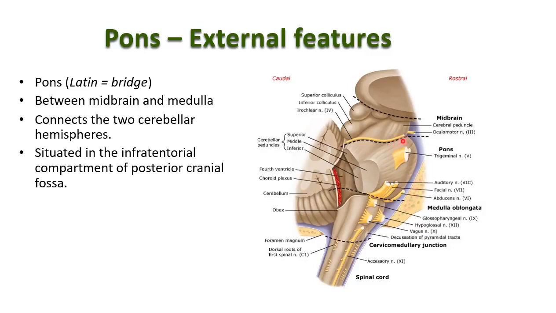Between the bone and the pons, you also have a collection of CSF called the pontine cistern, or cisterna pontis. That is the relation of the anterior surface. The cisterna pontis communicates posteriorly with the cisterna magna and above with the interpeduncular cistern.